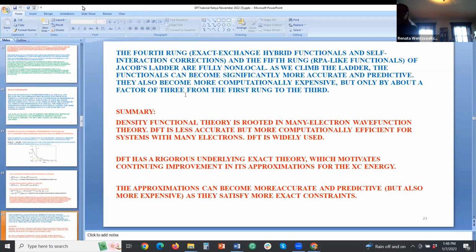And the existence of this exact theory motivates the search for continuing improvements in the approximations for the exchange-correlation energy. If you know that something exists and is important, you're motivated to look for it, to look hard. So many people have been working hard on this problem for a long time and making a lot of progress. More progress can be made. We are certainly not at the end of the line.